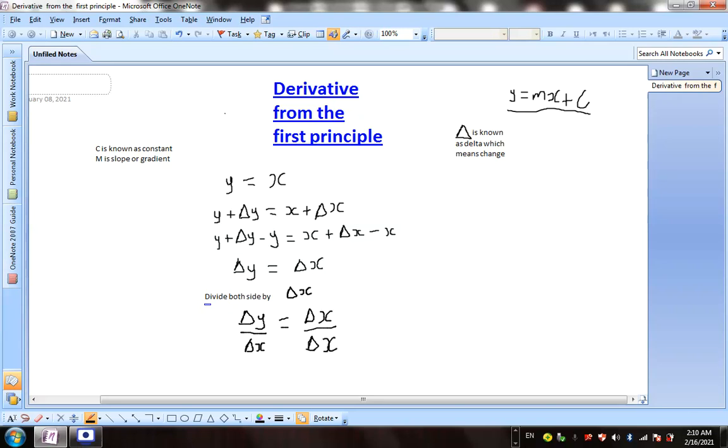So dx cancels dx, so we are left with dy all over dx is equal to 1.